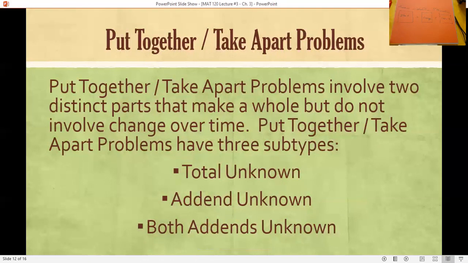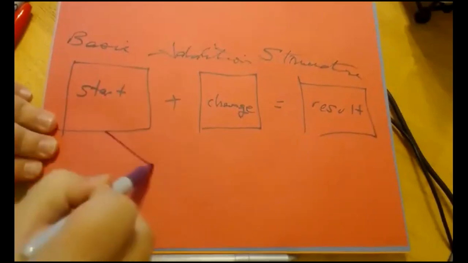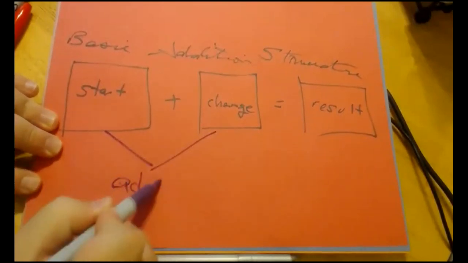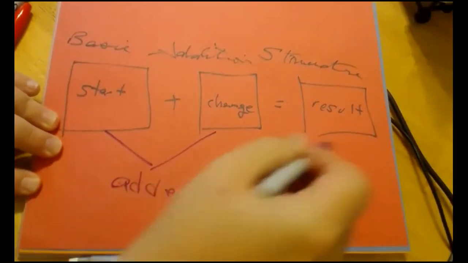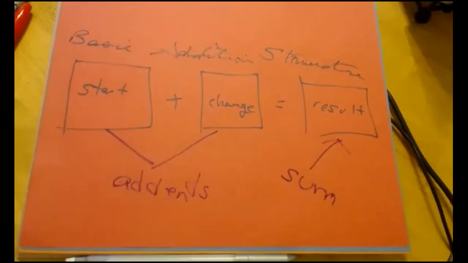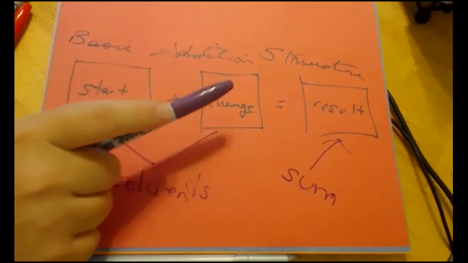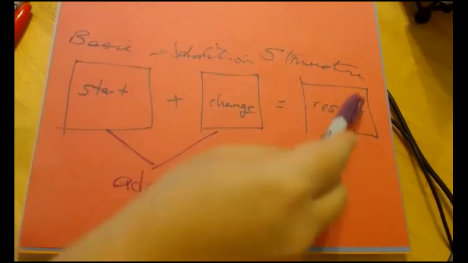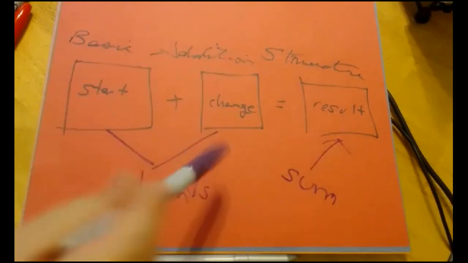And recall that in our addition structure, we have two add-ins. These are the add-ins. And if you remember, this number is called the sum, right? Okay. So we have a start, and then we have a change and a result. That's what it looks like when you have a take away or add to problem.